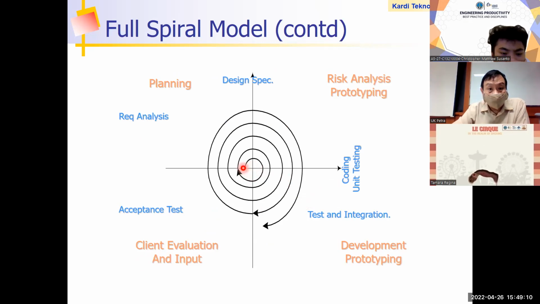Say you start with requirements, and then you do risk analysis here, and then you do testing, and then get the acceptance test. Again, you do risk analysis again, planning again, and then create the prototyping again, and so on. So this is the spiral model. Is it clear or not?